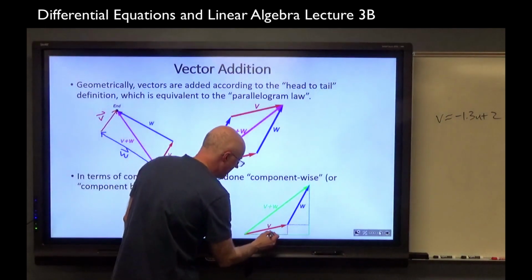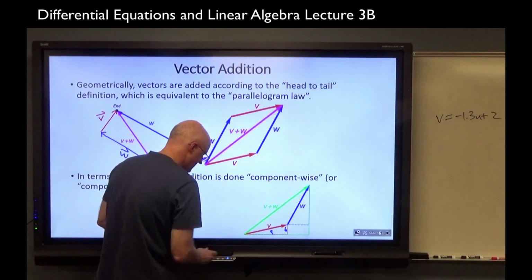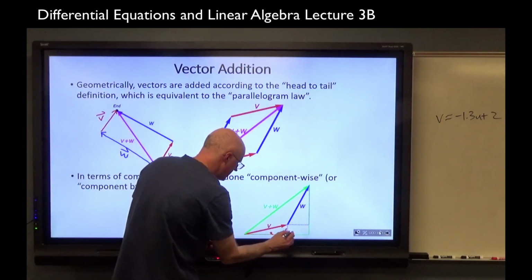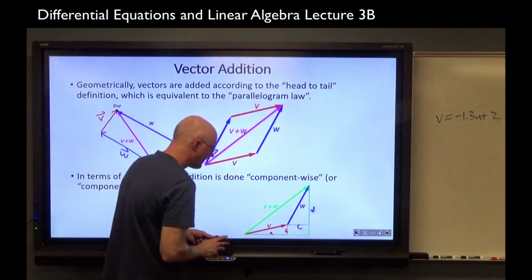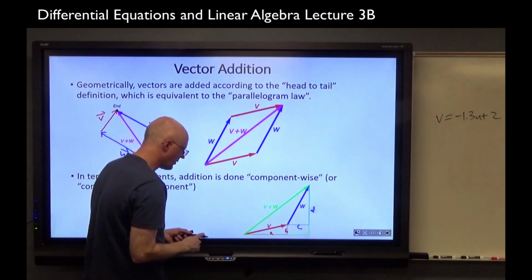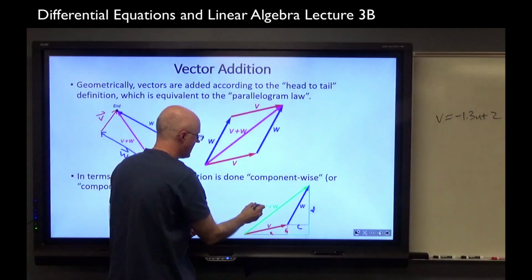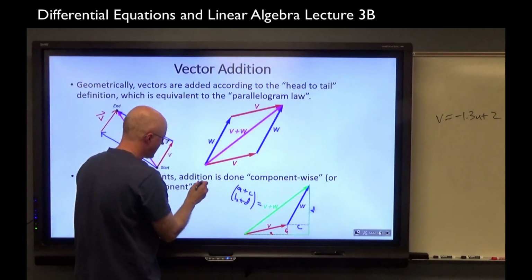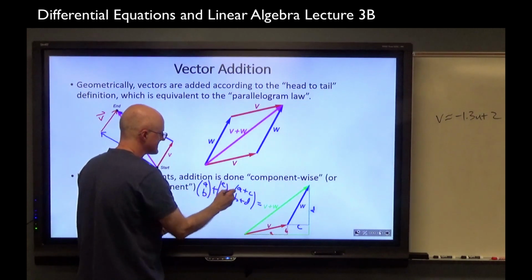If V has components A, B, and W has components C, D, say, A here, B here, where A, B, C, and D are all positive in this picture, then this picture essentially visually proves that V plus W has components A plus C, B plus D. As a column vector, this equals first component A plus C, second component B plus D. And that is the sum of (A, B) plus (C, D) when I write the vectors in terms of components as columns.